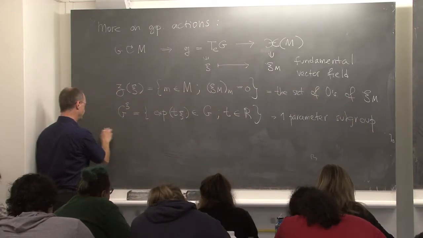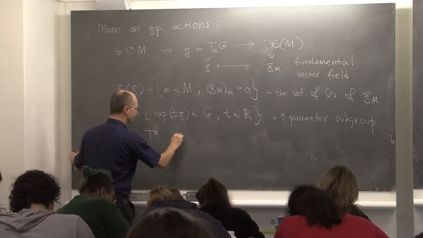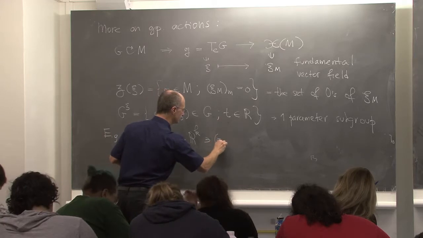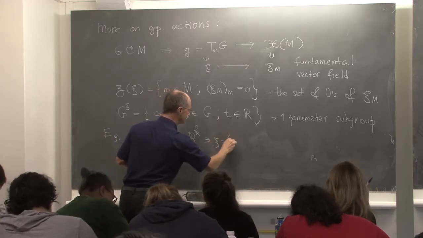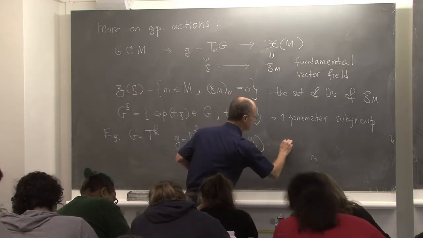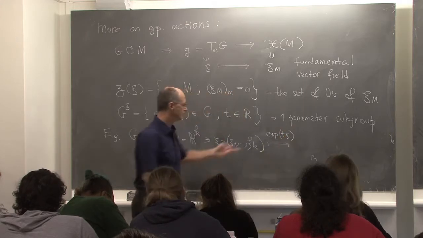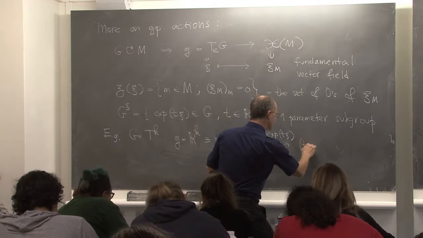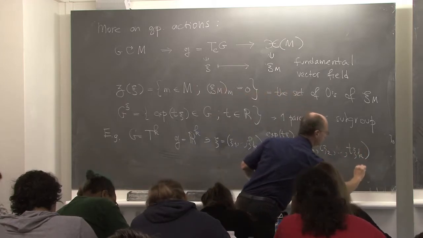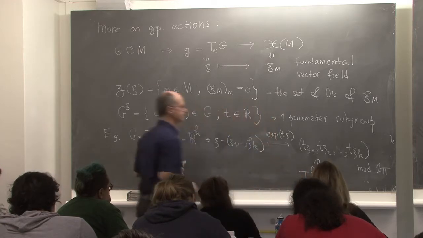So maybe in our standard example, if G is a k-dimensional torus, then the Lie algebra is R to the k, and if I choose here a vector Xi1, ..., Xik, it is mapped by the exponential of t Xi, with t some real number, to t Xi1, t Xi2, and so on, t Xik, and this is all modulo 2 pi. So that's an element of T^k.